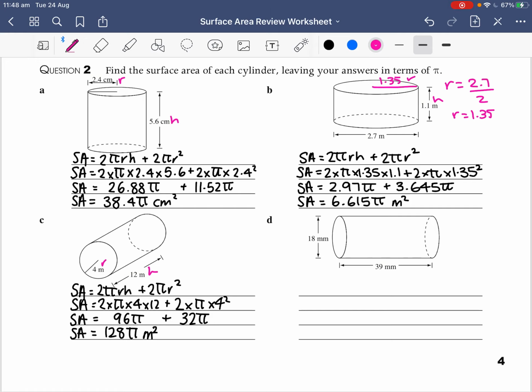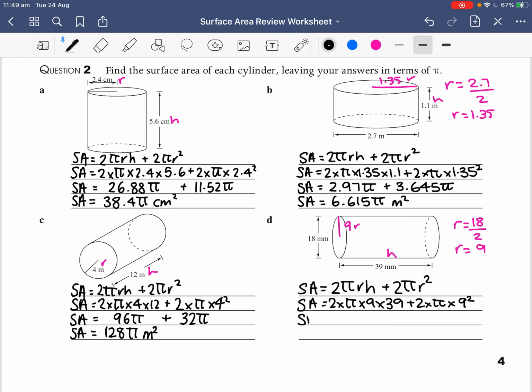So then for part D, our last question, we have a diameter, so we need to find our radius. It's 18 divided by 2, so radius equals 9. And our height is 39 millimeters. So our surface area formula, last time, is 2 pi rh plus 2 pi r squared. So surface area equals 2 times pi times 9 times 39 plus 2 times pi times 9 squared.